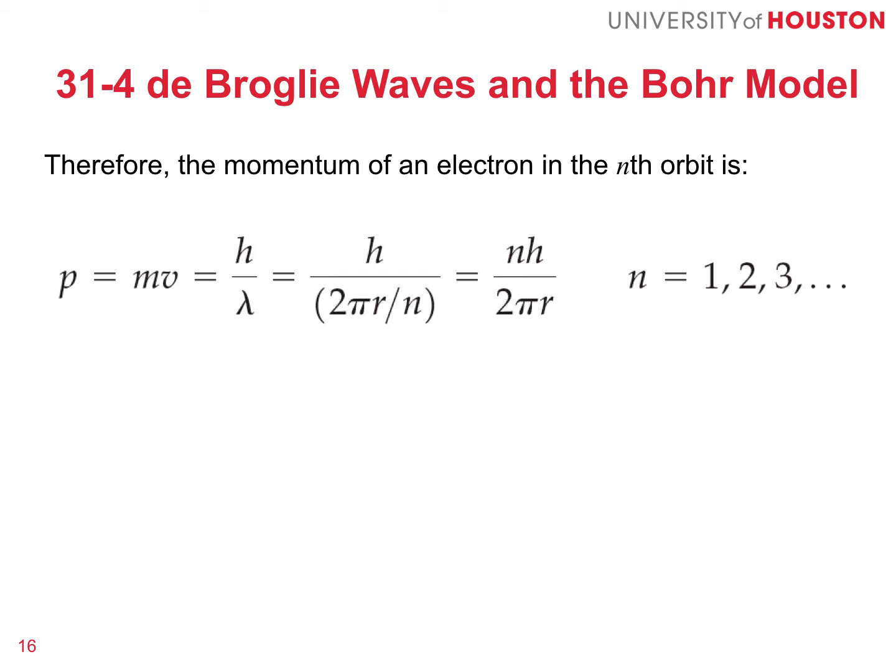This gives us a momentum that's equal to nh divided by 2 pi r, where n has to be an integer, and one can then show that the angular momentum, which is r times mv, will equal nh divided by 2 pi, and this is exactly one of Bohr's assumptions.